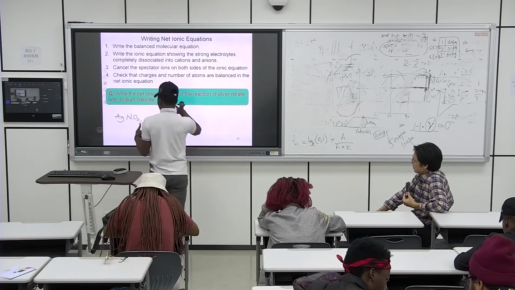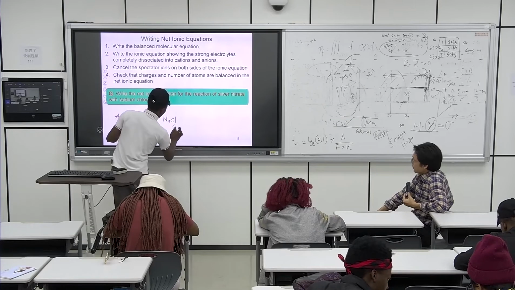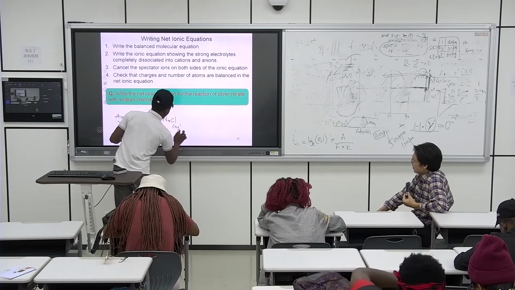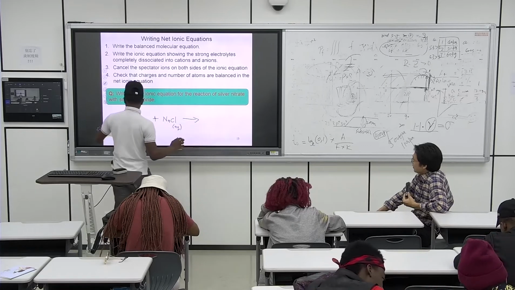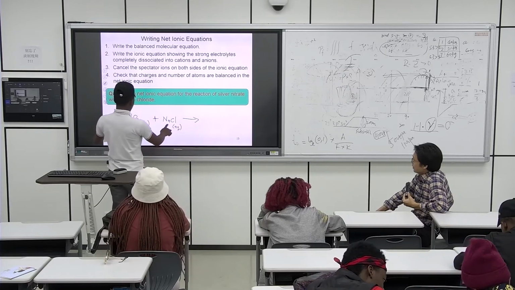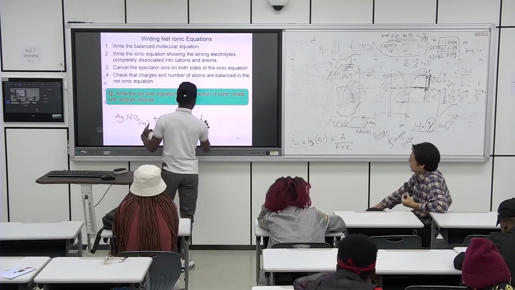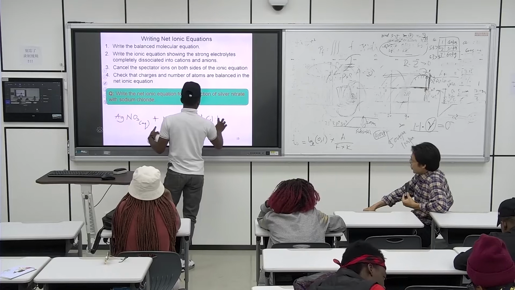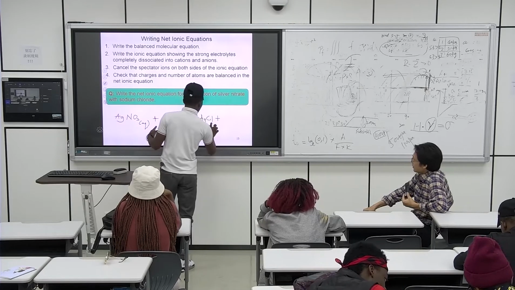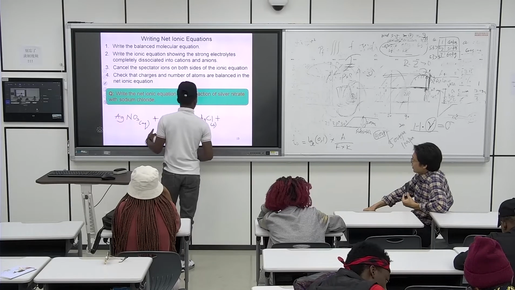Sodium chloride is also in aqueous state. Yes. So to give us silver chloride. It will be silver chloride. This is solid. Yes, it's solid. It's a solid product.